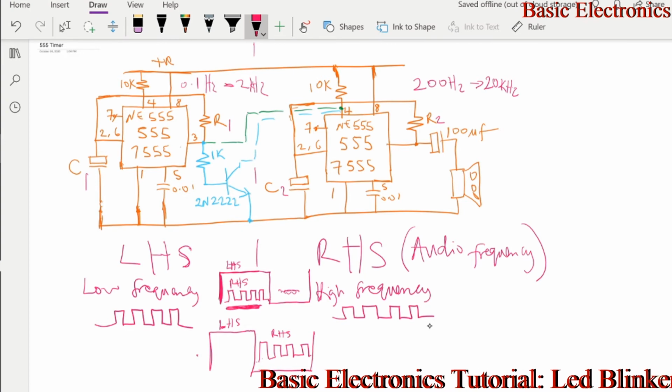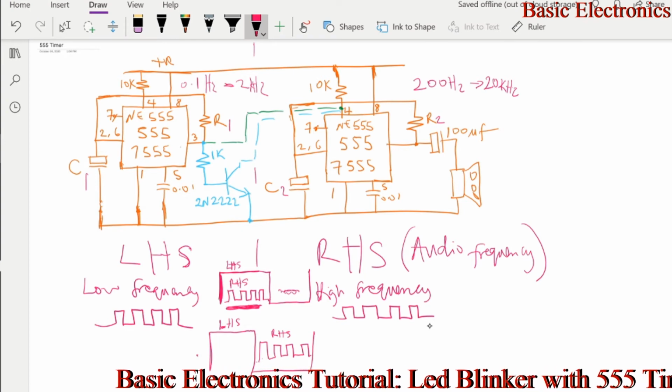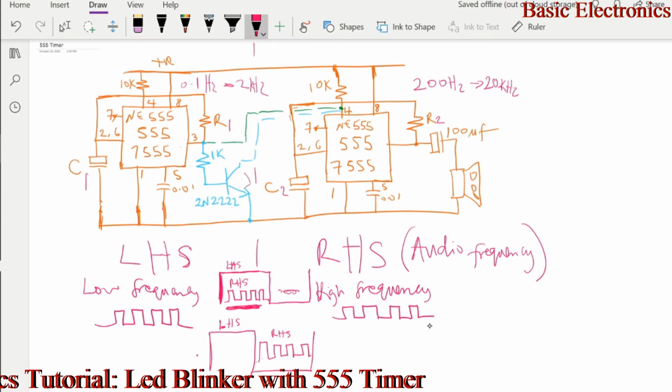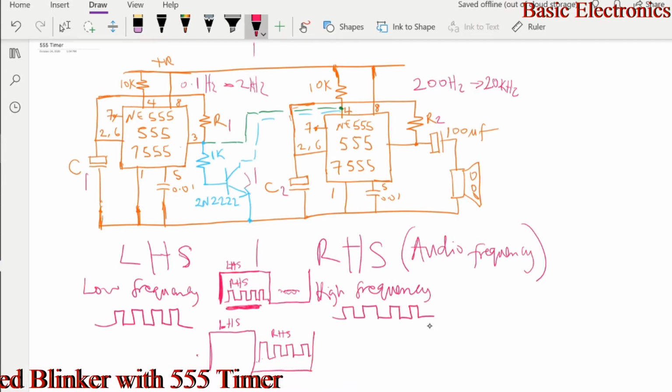When you use a transistor, when the output of the left hand side is high, the transistor will be turned on and basically short the collector to the emitter, and you're pulling down pin 4 of the right hand side circuit. At that point, you hear crickets from the right hand side. Nothing.